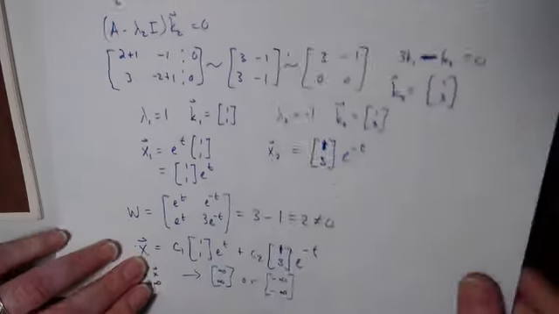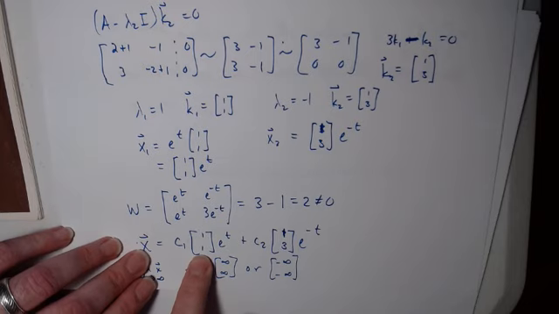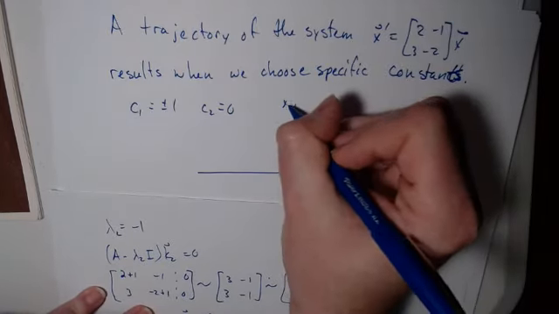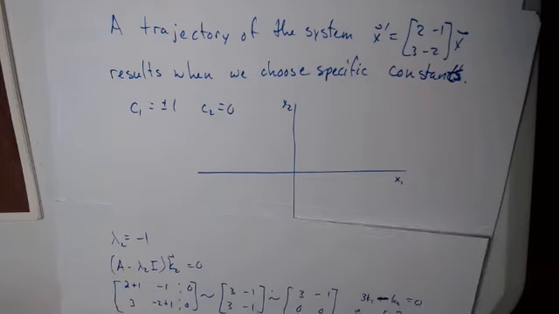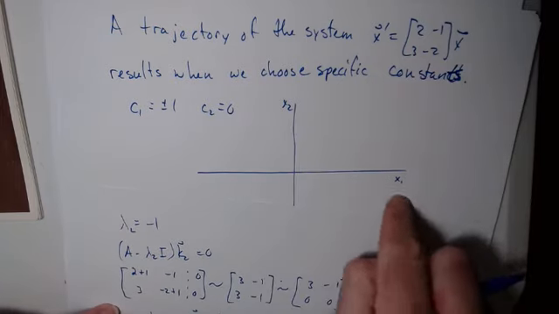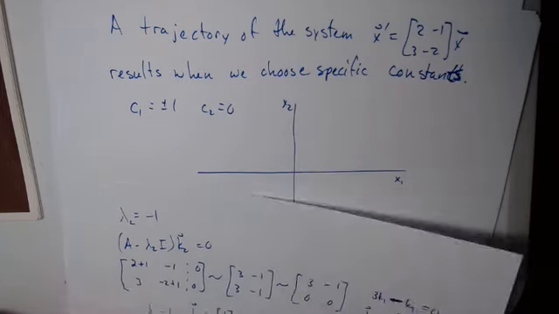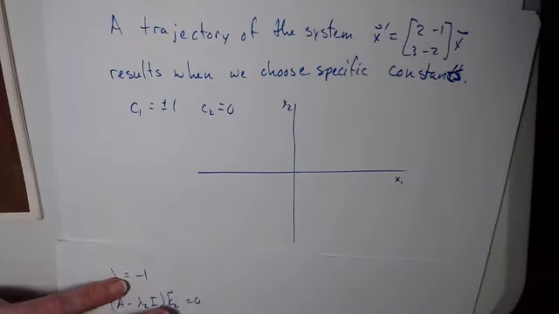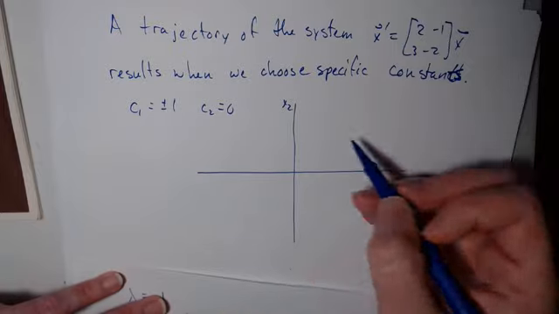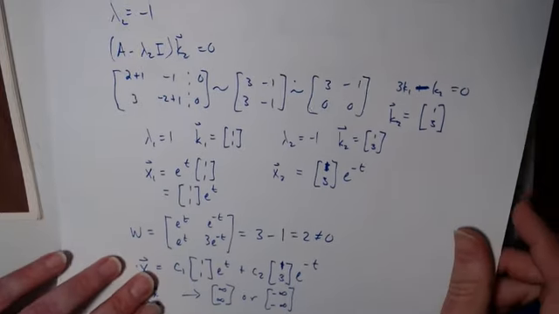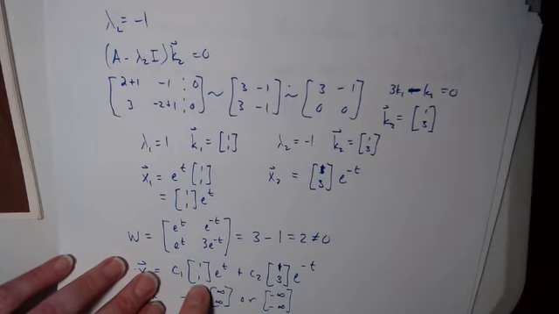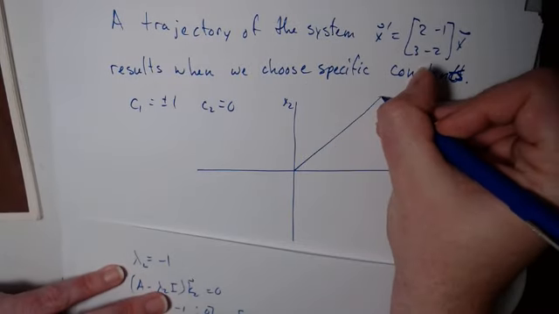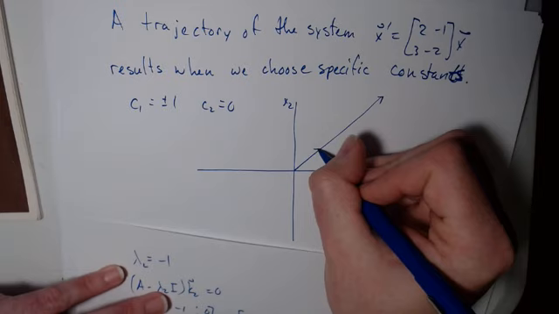Well, C1, these are along the line where y equals x, or I should say where x1 equals x2. We either have the x1, x2 axis or the xy axis, your choice on how you want to think of it. And so when C1 is a positive 1, we have solutions along the line y equals x.